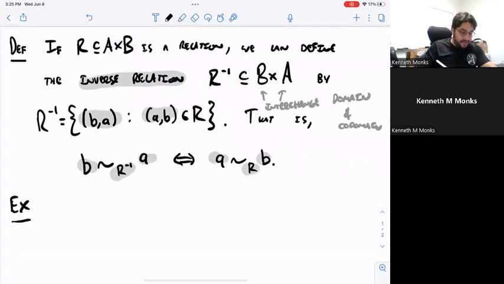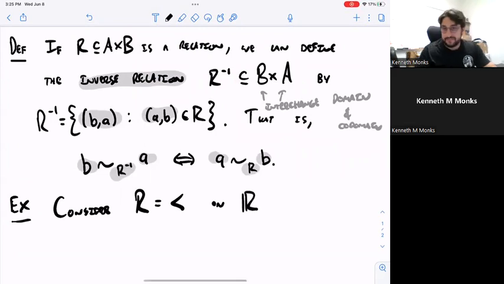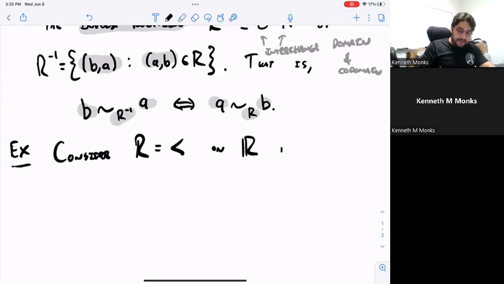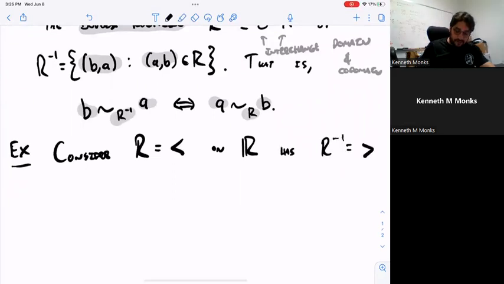So you could say, for example, the relation less than on the set of real numbers. This is a perfectly good relation, and it has inverse relation greater than.